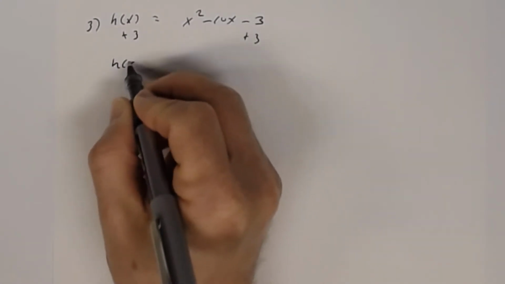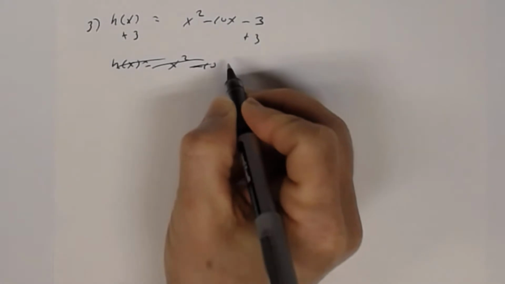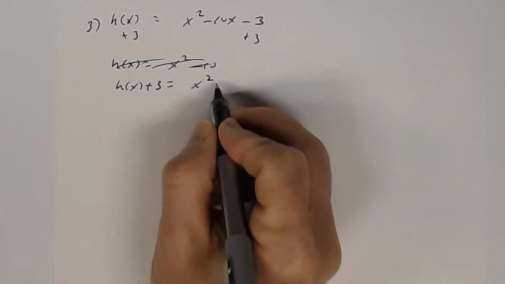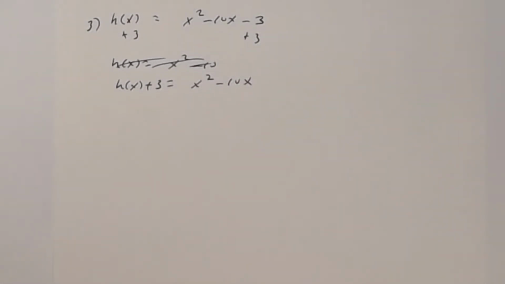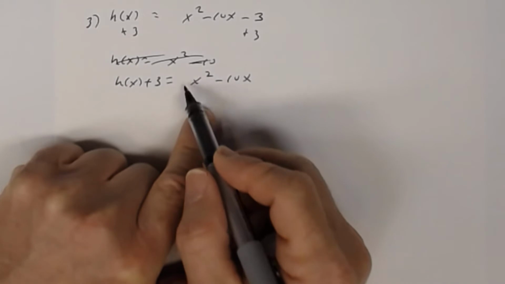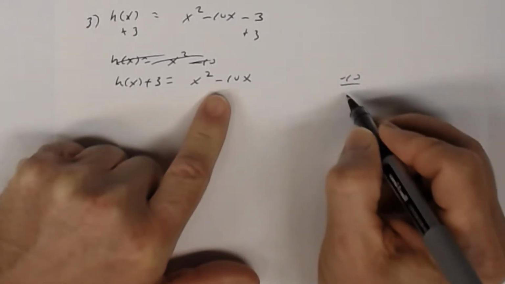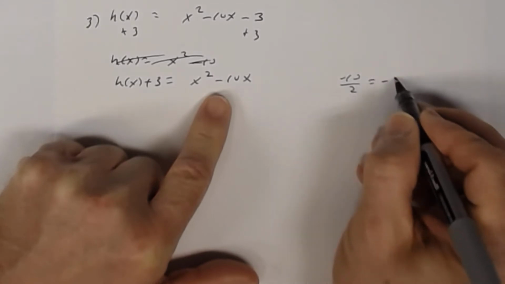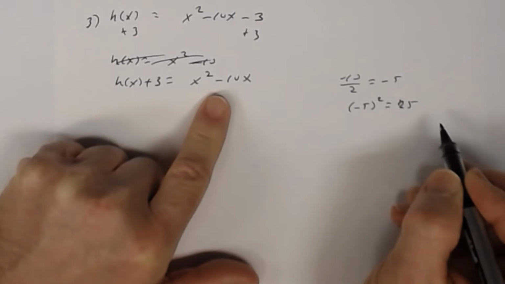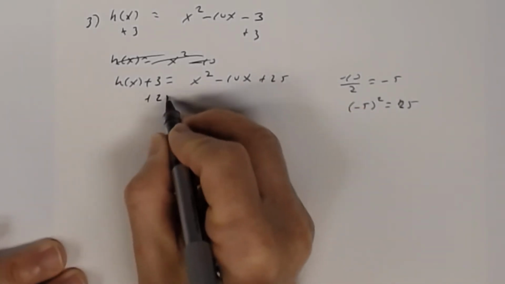When I add 3 to both sides, I get h of x plus 3 equal x squared minus 10x. The x squared has a coefficient of 1 now, so I'm going to take the coefficient of x, which is -10, not 10, -10, divided by 2, and I get -5. Then you have to square -5, and you get 25, and that's what you add to both sides. So plus 25, plus 25.